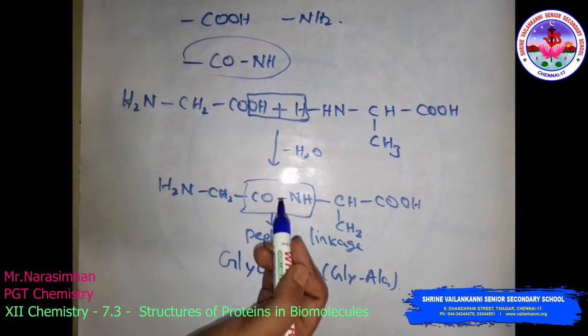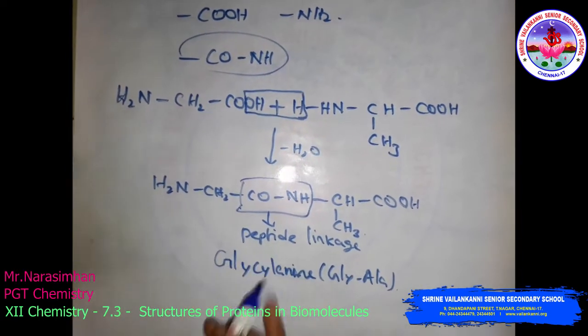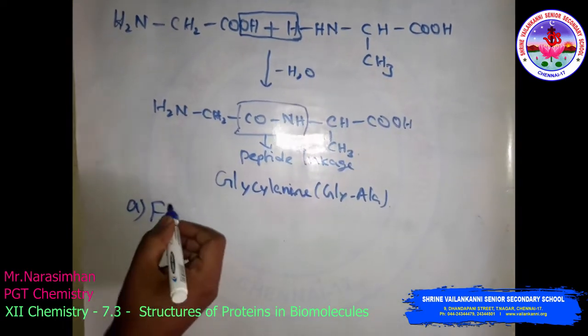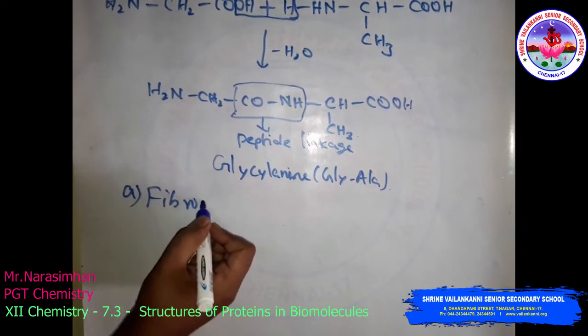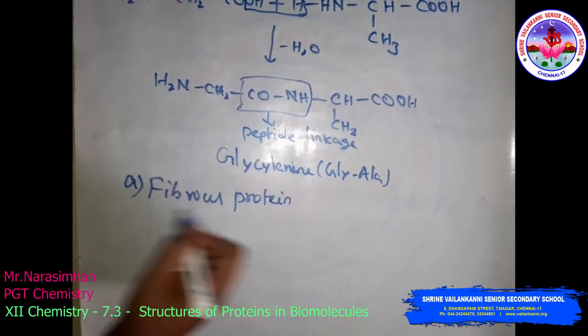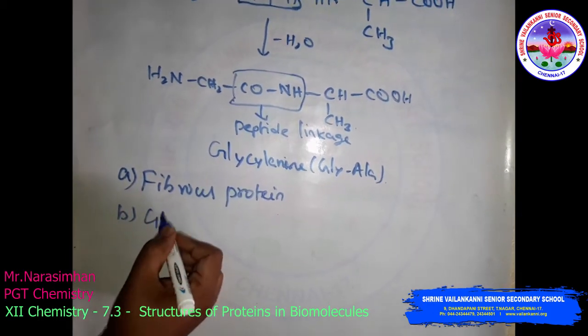The structure of protein is mainly classified on the basis of the molecular shape. Mainly two types: the fibrous protein and the globular protein.